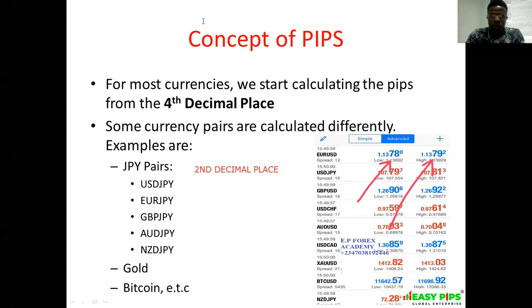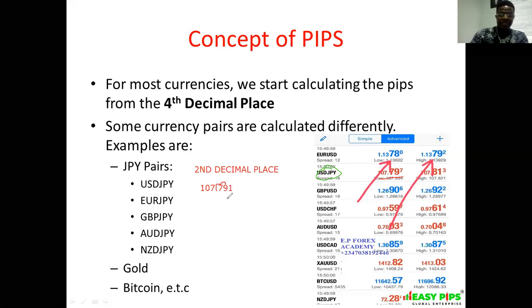So let's take, for example, this is the value for USD to JPY, US dollars to Japanese yen. This is the value here, 107.791, and you calculate from the what? From the 2nd decimal place, because it is a JPY pair. So 1, then 2. You calculate from 9.